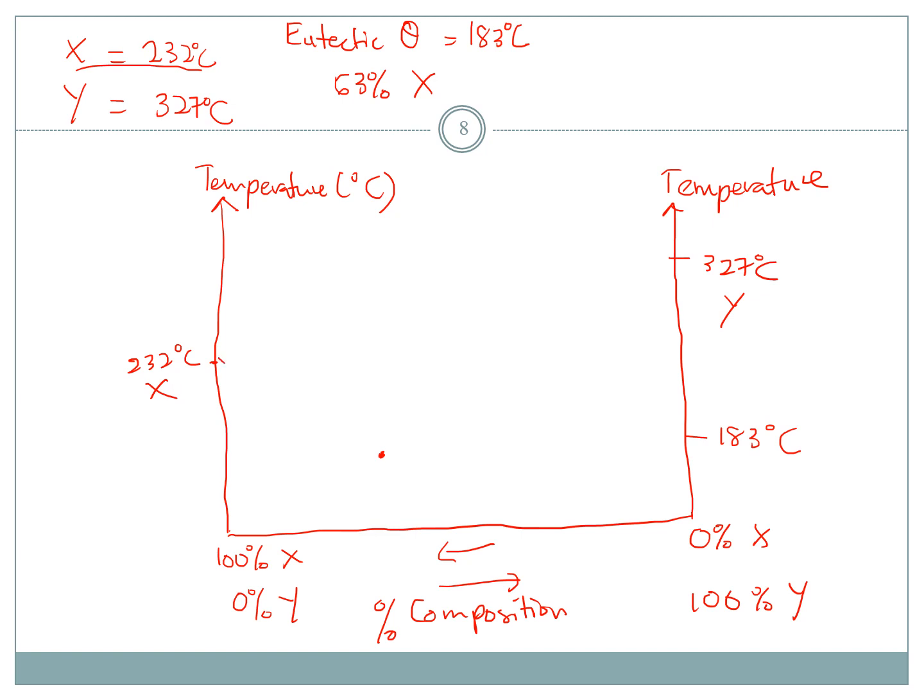Okay, so you draw a line here, and then you draw another straight line, and then this one another straight line. At the point here is the eutectic point.